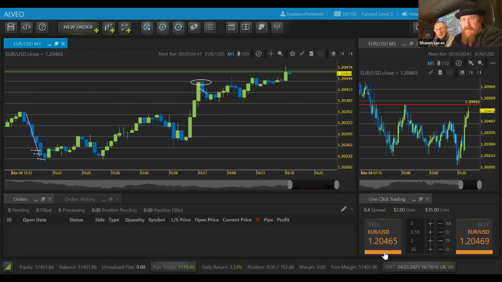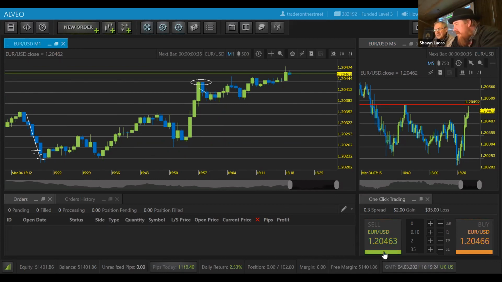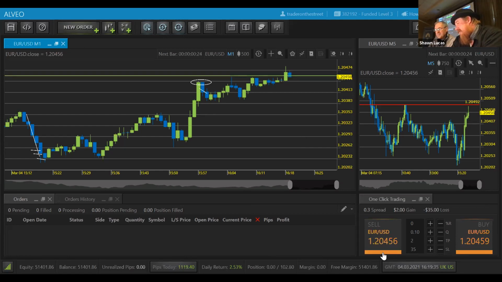You want the body up there, I guess? Just the wick. Sorry. I guess the body causes the wick anyway. Yeah. So the body has to get there. Just has to get up there. Yeah. We're expecting a little pullback.